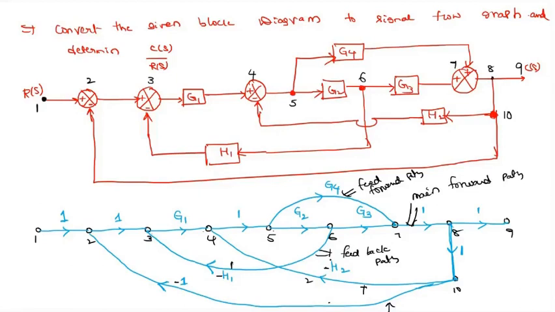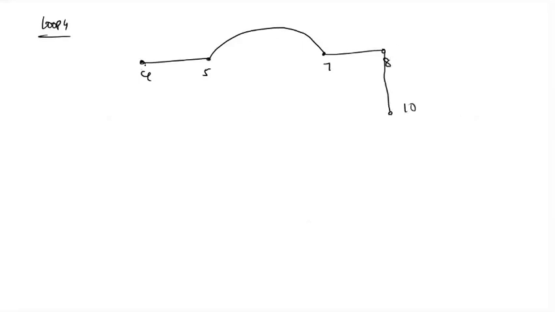Sir, 4, 5, 7, 8, 10, 4. Right, this is one of the loops. So 4, 5, 7, 8, 10, again 4. So this is the loop 4. What are the gains? 4 to 5 is 1.